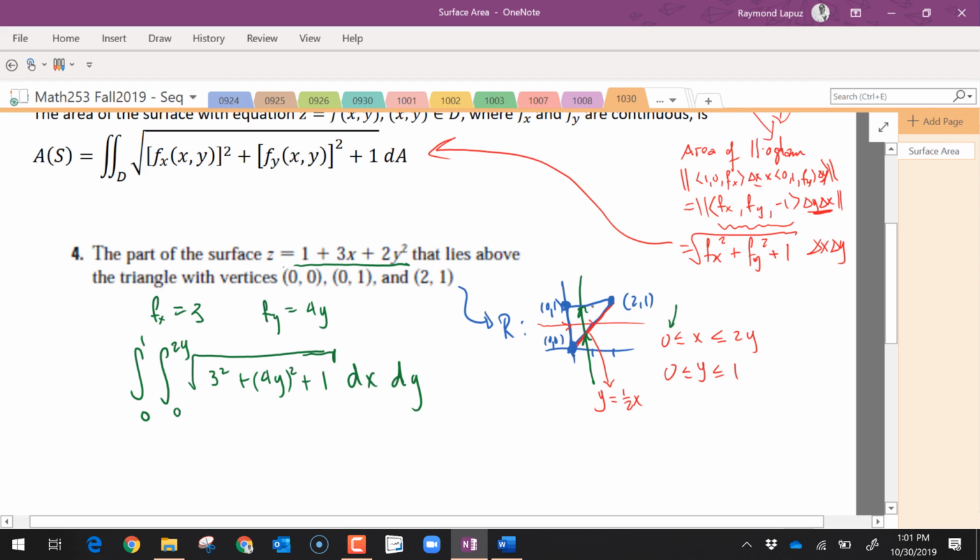It's not going to be that much harder. Although now that I'm looking at this integral, if I integrate this integrand with respect to y first, I would probably have to do trig substitution. Whereas if I integrate this with respect to x first, then it's just going to be an x. So it'll be easier that way. And then if I put in the limits 2y, then my second integral is probably going to be just a simple u substitution.